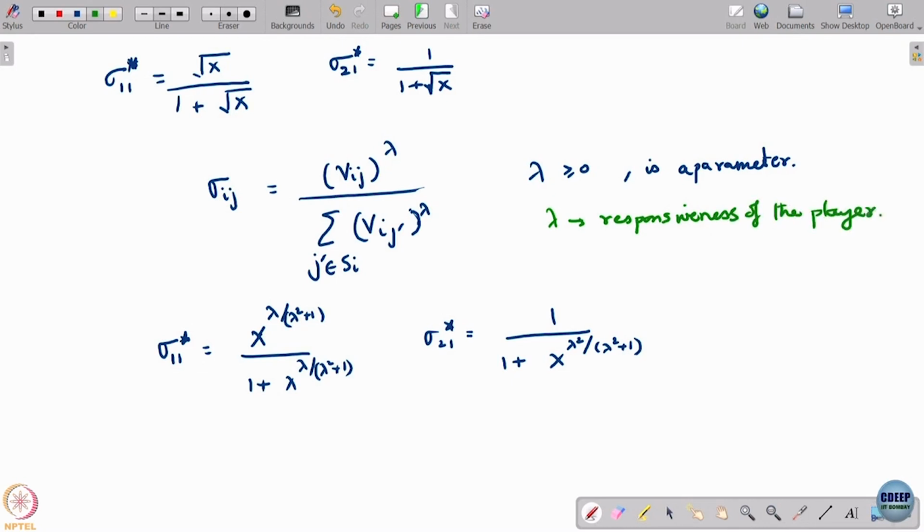But you can also interpret it in another way. Can you tell me what happens when lambda is 0 in this model? It becomes uniform, right? If lambda is 0, he is indifferent between everything.